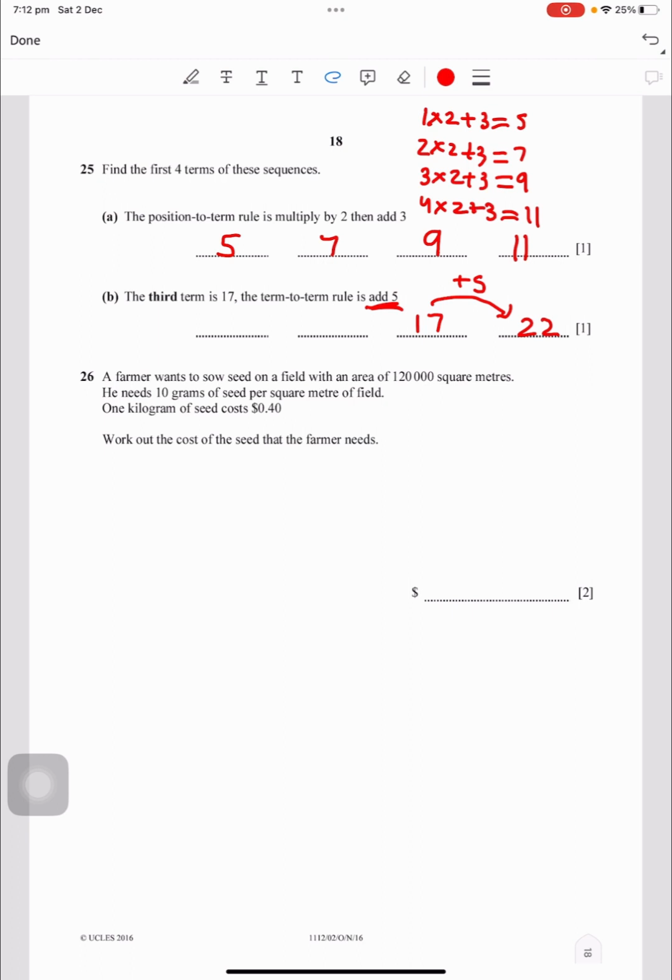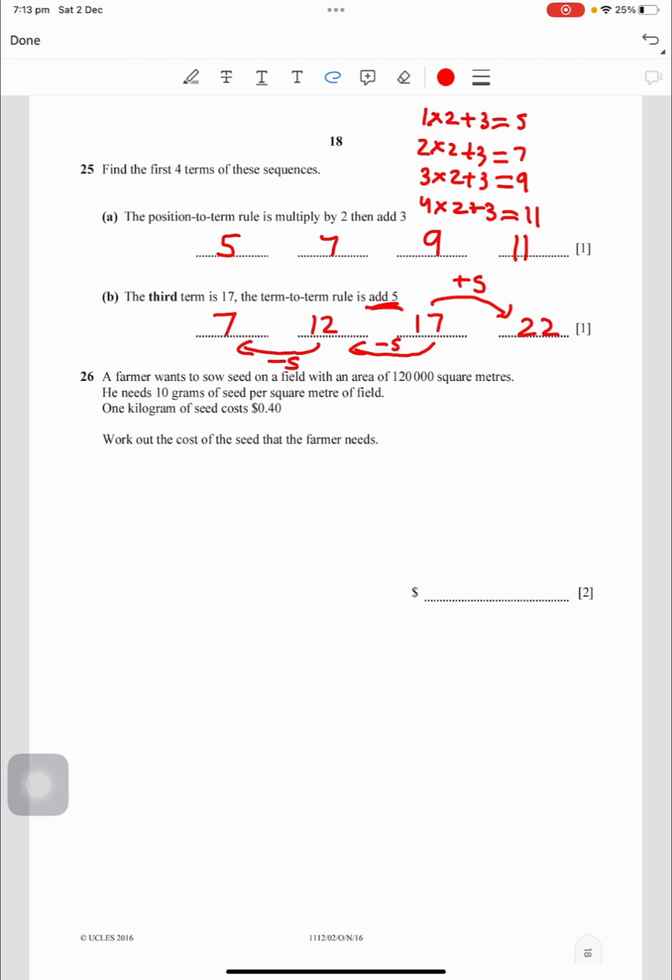But now, over here, what we need to do is we need to subtract 5 to find what will go over here. So 17 minus 5 is 12. And now we'll do 12 minus 5, which is equal to 7. So there we go. We got our answer for this. Okay.